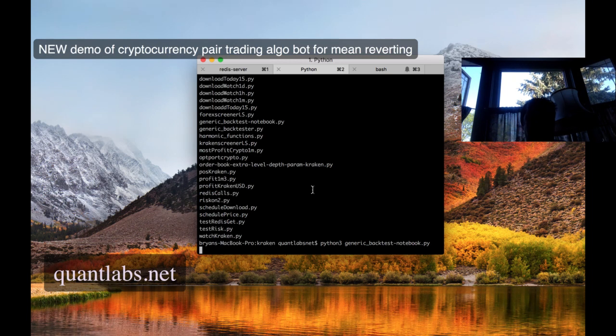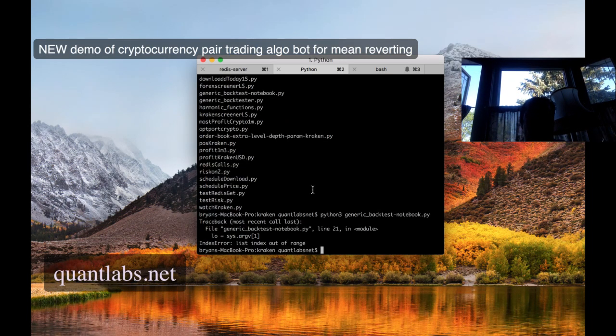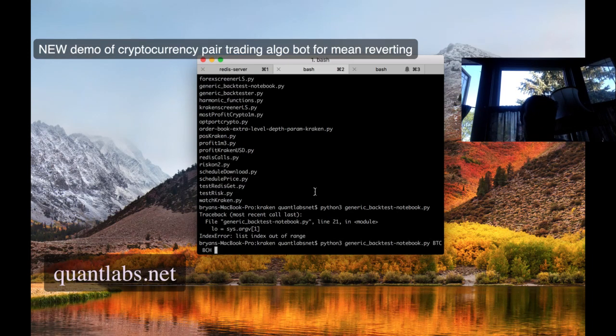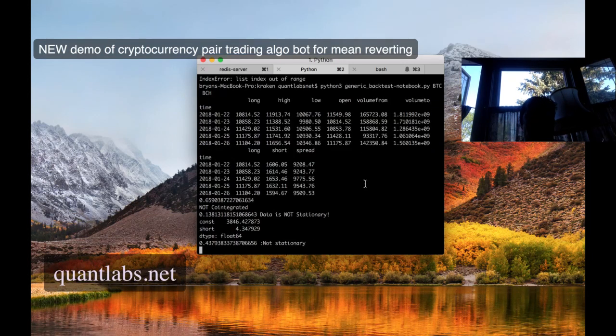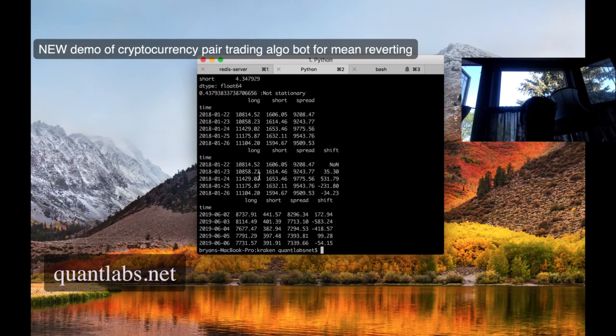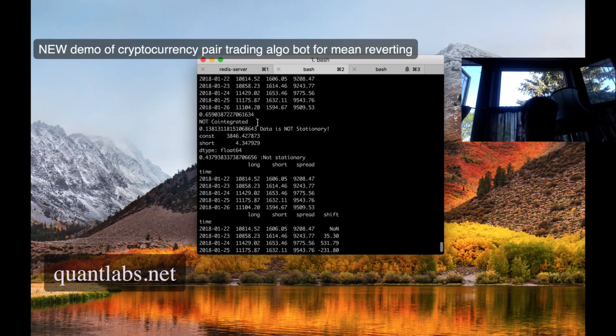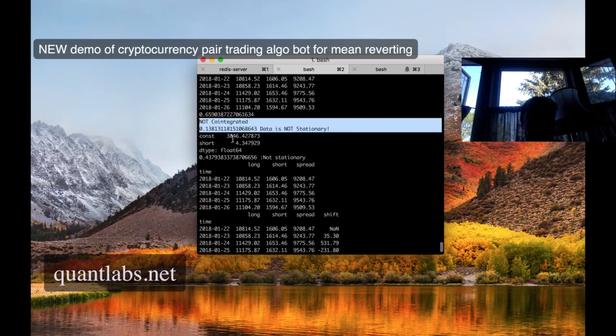I just want to show you the steps of what's generated, how it's generated. But as I said, if you want to know the real nitty-gritty of this, I have to put the arguments in there. So again, it's Bitcoin long, Bitcoin Cash short. So this will go through the data, looking for if it's both co-integratable and if the data is stationary. So here you go. The results say not co-integratable, not stationary.